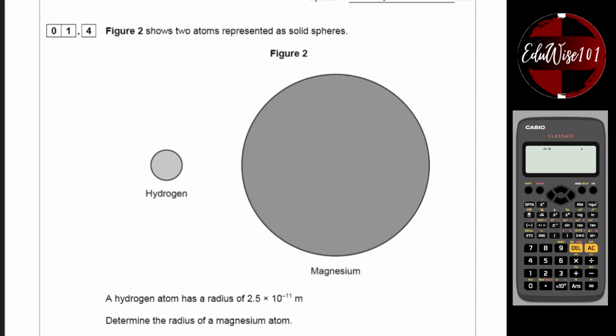So it's a bit tricky to do this digitally, but let's see. What you would want to do is measure the radius of the hydrogen atom here in centimeters, and measure the radius of this magnesium atom also in centimeters, and figure out what the ratio is. Let's say this is 1 is to about 6 or 8, then you can multiply by that factor.